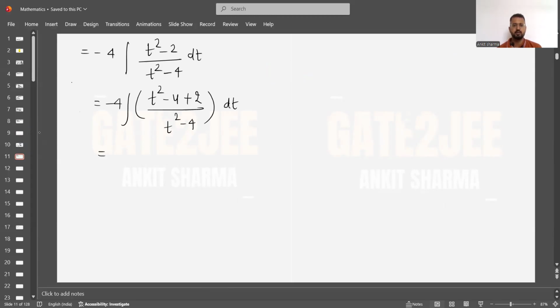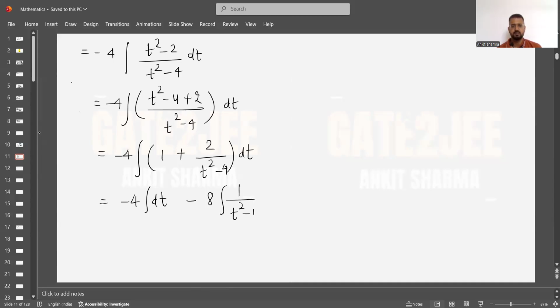This could be further written as minus 4 and then 1 plus 2 over t square minus 4 dt. So I could write here minus 4 integral dt minus 8 times integral 1 over t square minus 4 dt. So this would give me minus 4t minus 8, and this is our standard problem.